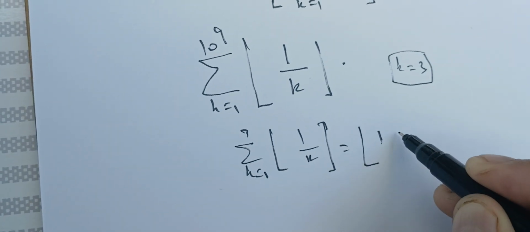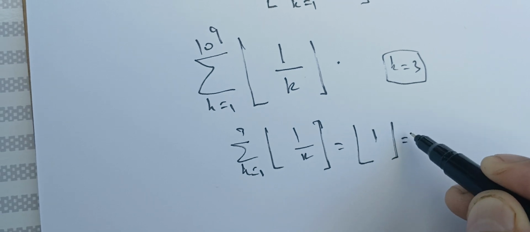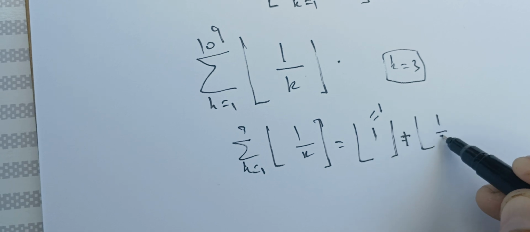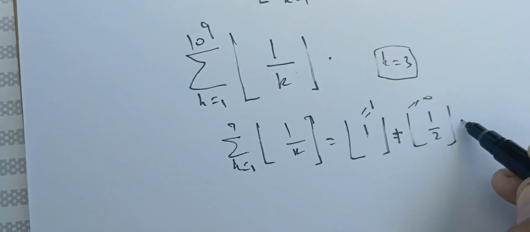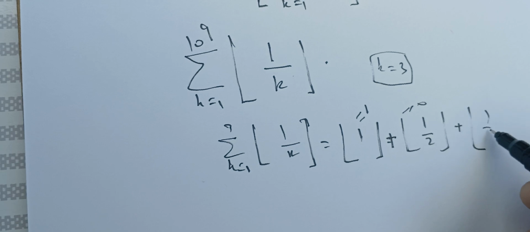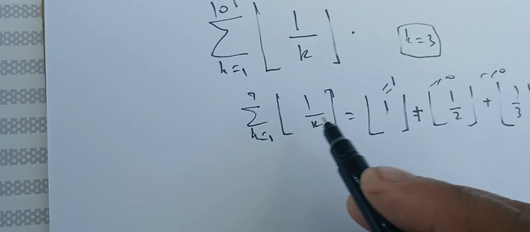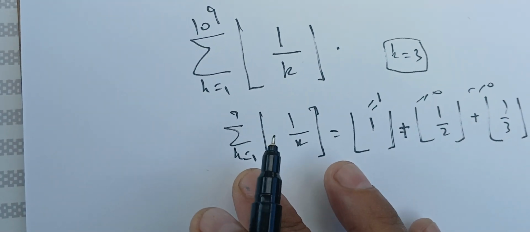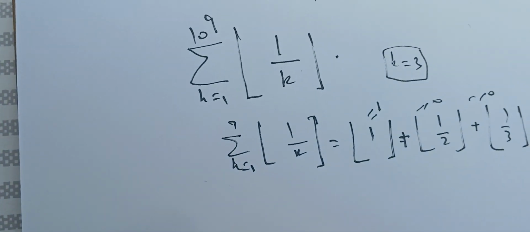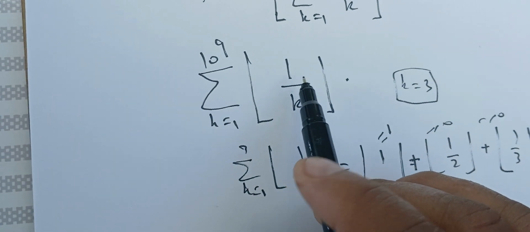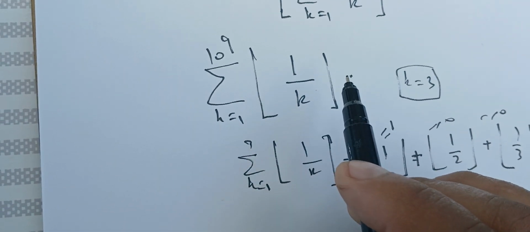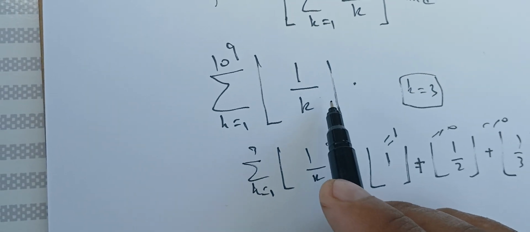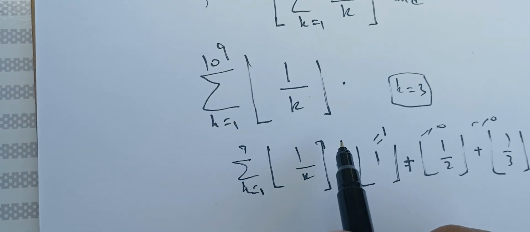So we have the floor of 1, which is 1, plus the floor of 1/2, which is 0, plus the floor of 1 over 3, which is 0. Therefore, this sum here is 1, at least for k between 1 and 3. For this one here, we're going to have 1 plus 1/2 plus 1/3, and the floor here is going to be the same as the sum of the floors.